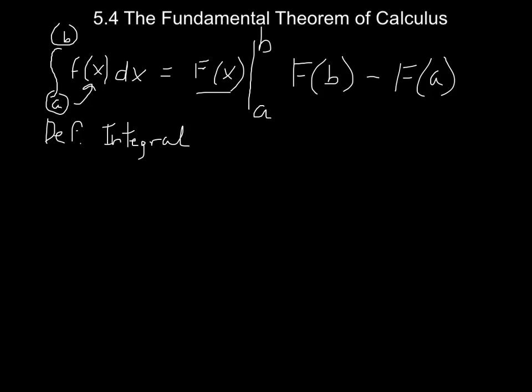Okay, so here's a very quick example. If I have the integral from 0 to 2 of, say, x plus 3 dx, I would integrate. So again, just with the rules that we've been learning, this would become x squared over 2 plus 3x.